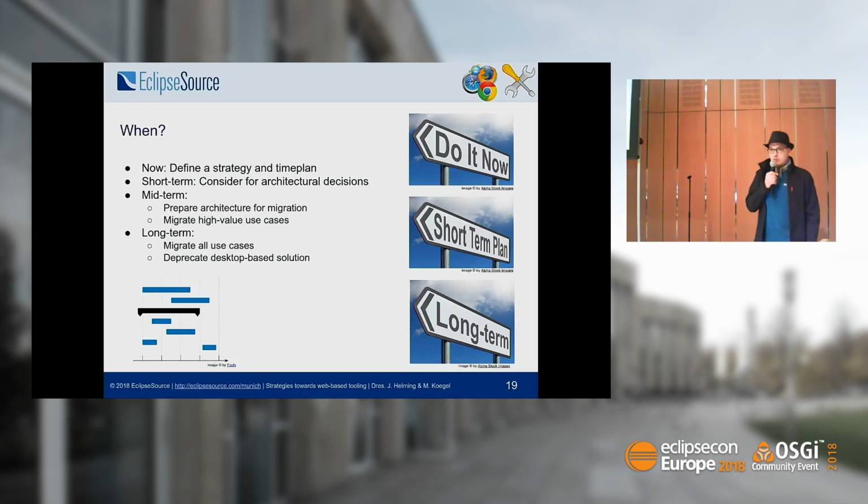What you need to do when you define your strategy is to plot those timeframes onto a timeline. That can be very rough, but I think it's important to understand what that is. Is it in 5, 7, 8, or 10 years that you want to get rid of your desktop-based tools? And those pictures on the right-hand side, I'm going to use them throughout the remaining slides to signal when to do what.